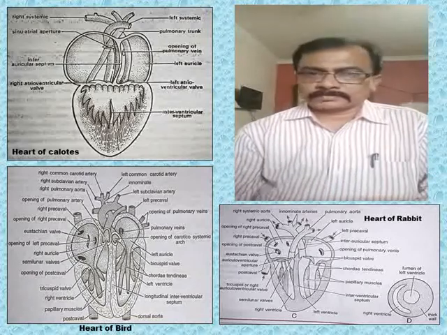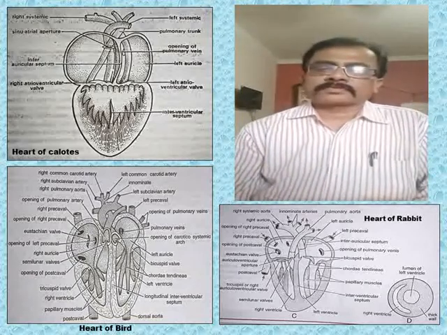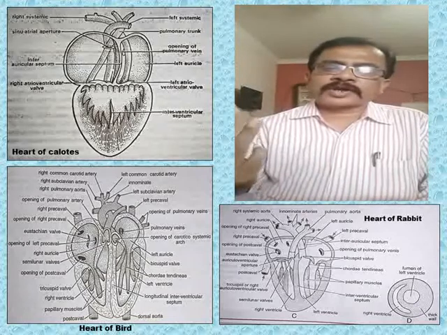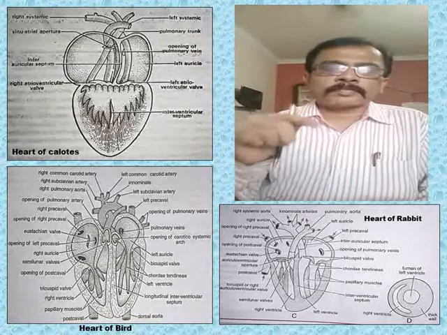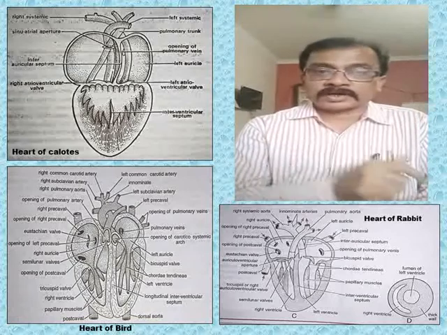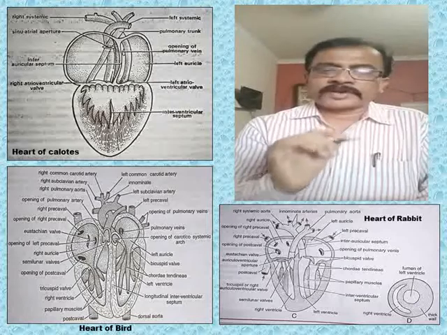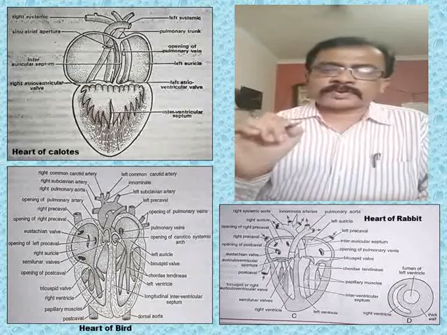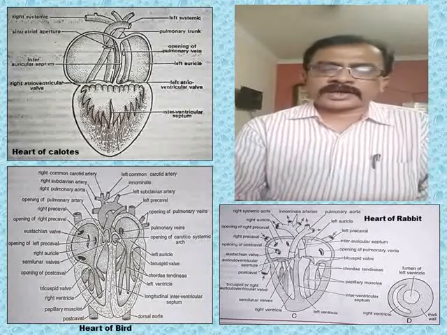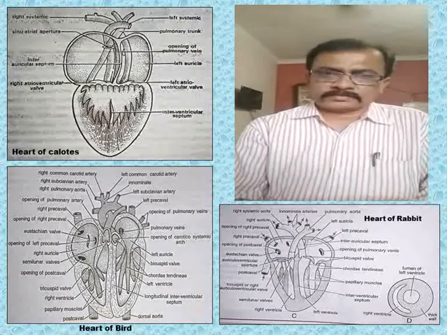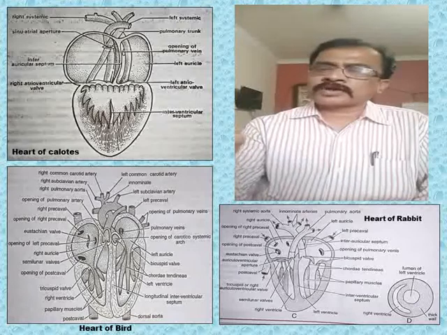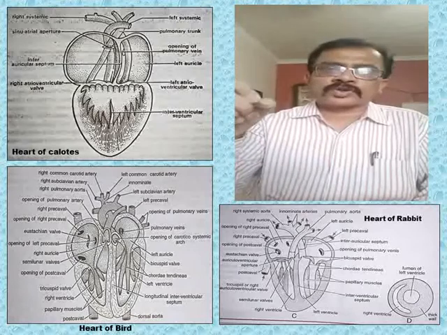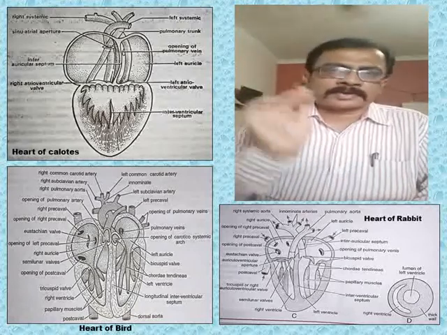Left auricle: in pigeon, 4 pulmonary veins unite to open by a common aperture into the left auricle. And in case of rabbit, 2 pulmonary veins unite to open into the left auricle by a common aperture.